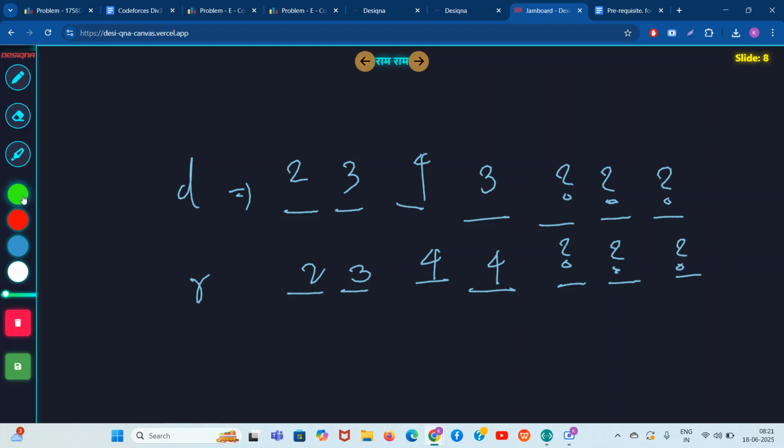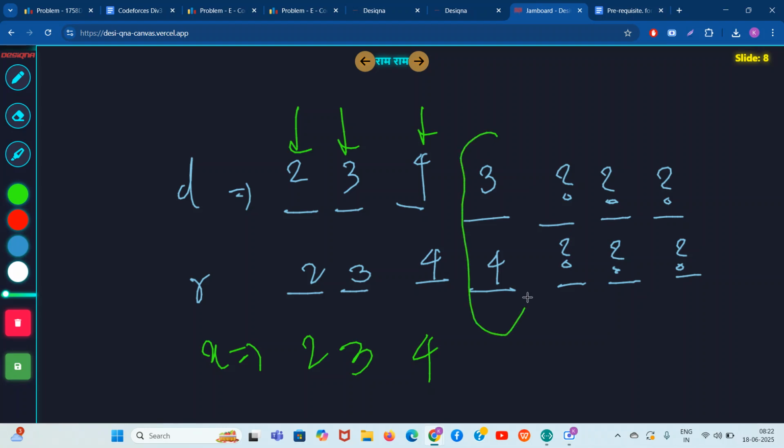Everything is very, very good. So interesting. Such a nice, jovial thing it is. As long as, see, this is matching, you cannot do anything. Your X will have 2, 3, 4. You know that. But guys, this is the first place where it is not matching.